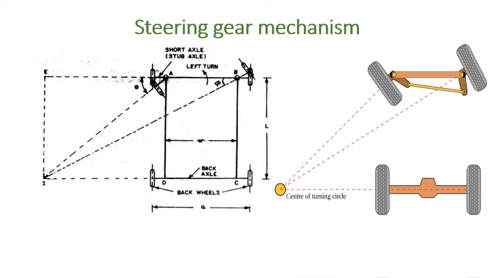When the vehicle is taking a turn, absolute rolling motion is possible only if all the wheels describe concentric circles. Therefore, the two front wheels must turn about the same instantaneous center I, which lies on the axis of the back wheel. So this is all about the steering gear mechanism.